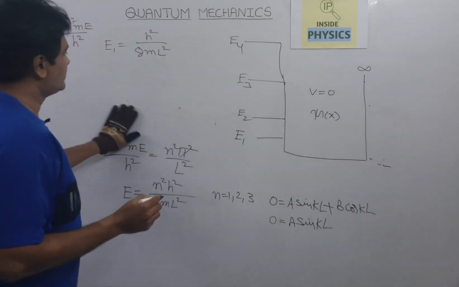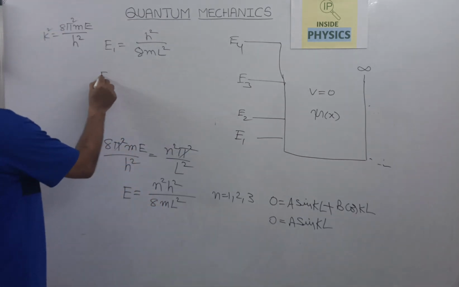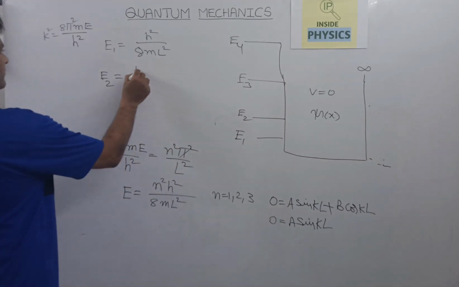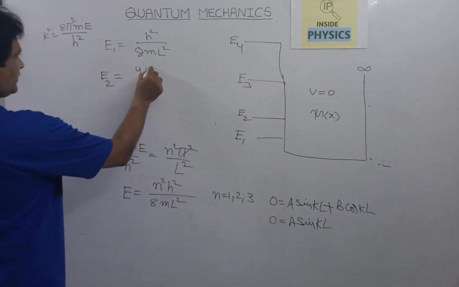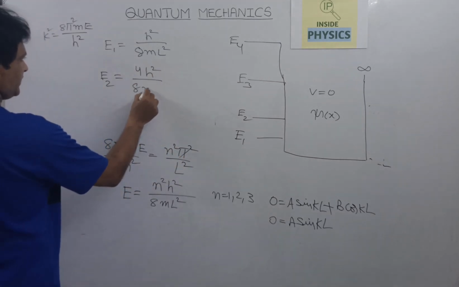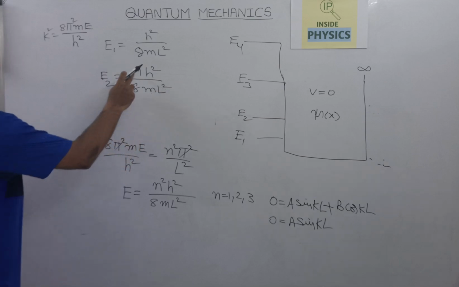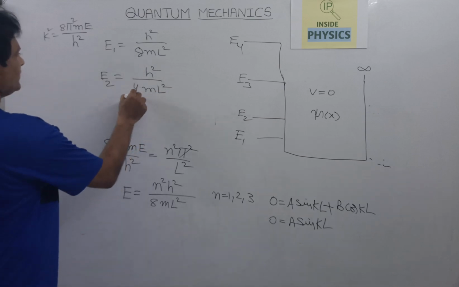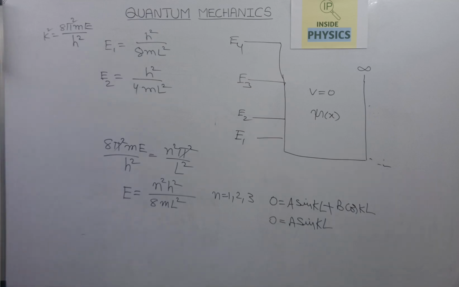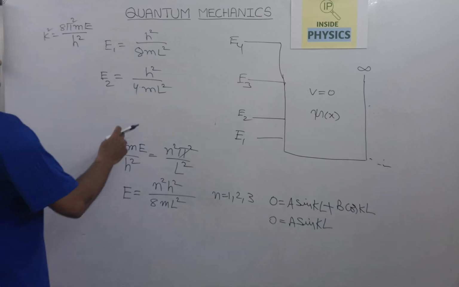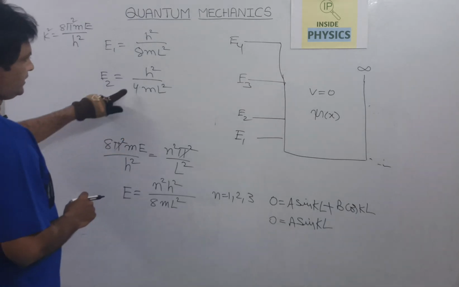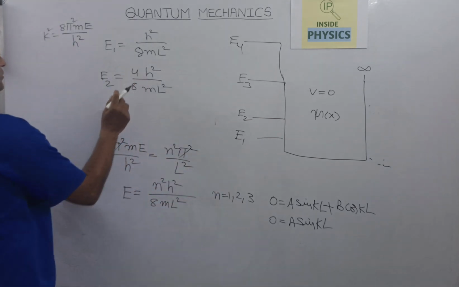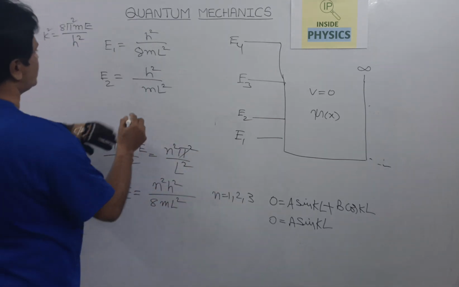In the same way, for the second energy level, if you put n is equal to 2, it means 4h square by 8 ml square. So 2 times it will get cancelled, and you can directly write h square by 2 ml square. 4 by 8, 4 2's, so this is 2 times.